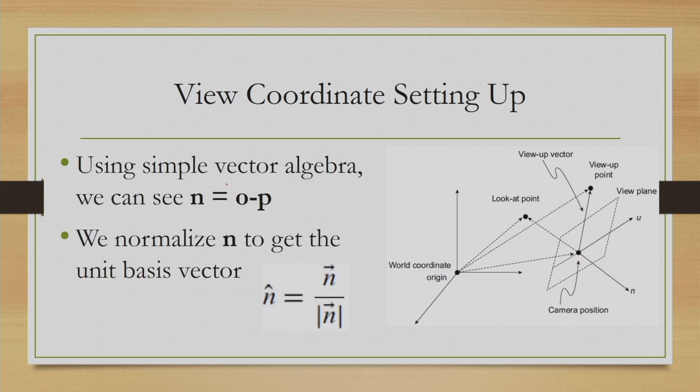Then using vector algebra, we can define n. As you can see, n is the normal of the plane. So, we can define n to be O minus p, where each of these are vectors.